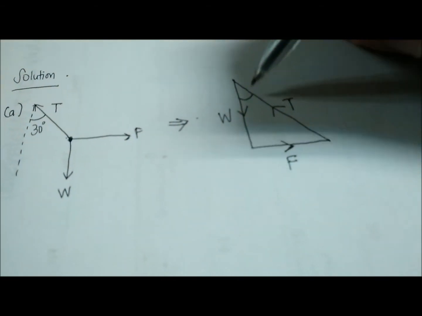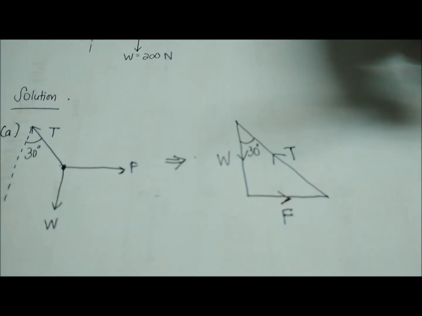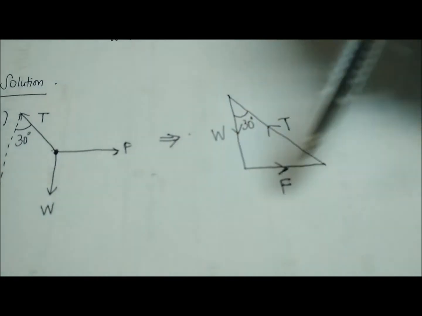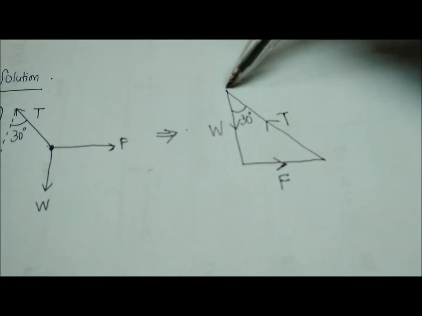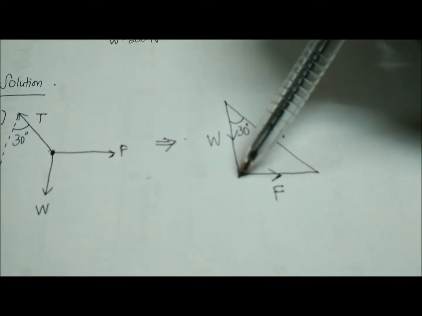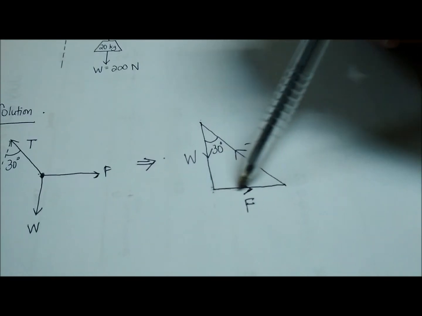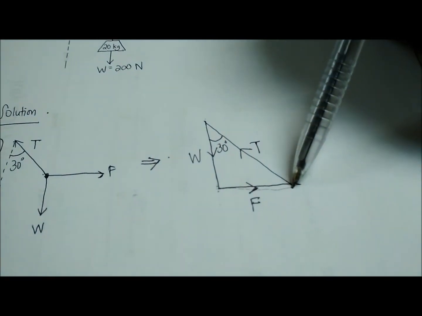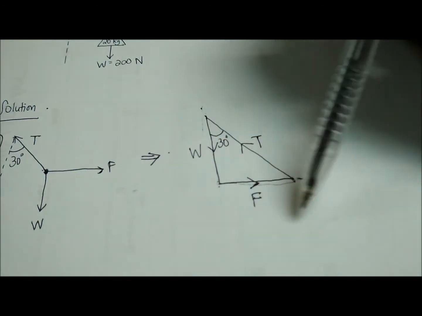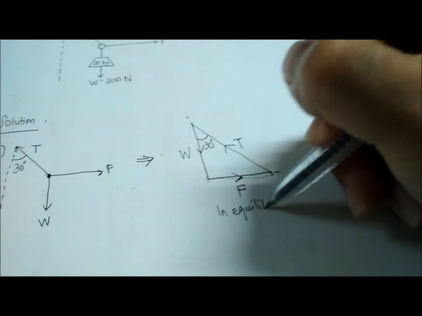So the angle is 30 degrees. First of all, is this in equilibrium? We see the direction of the force. The weight goes down, and then F is going from here to here, and then the tension goes from here to here. So they move in one direction, right? So they are in equilibrium.